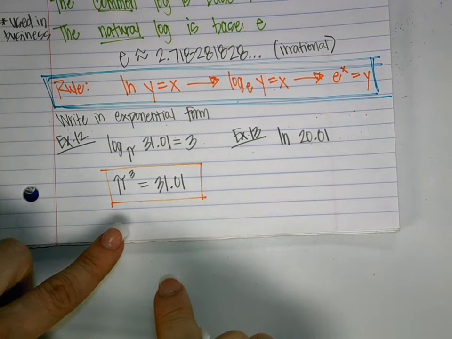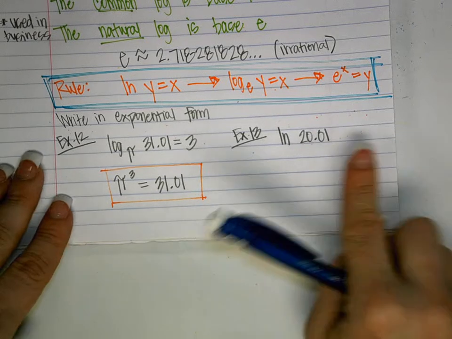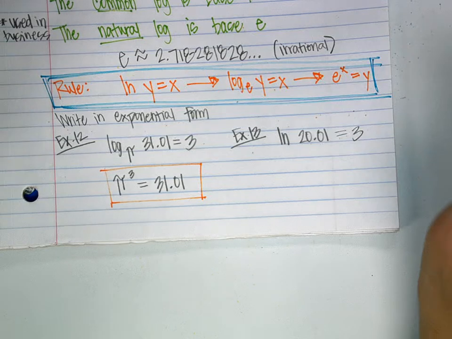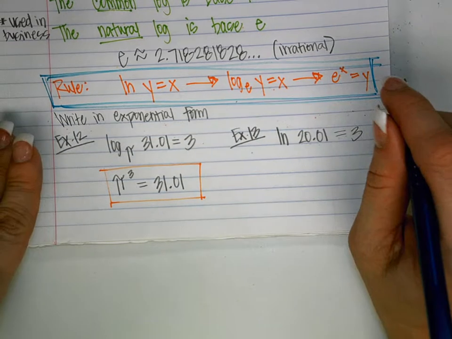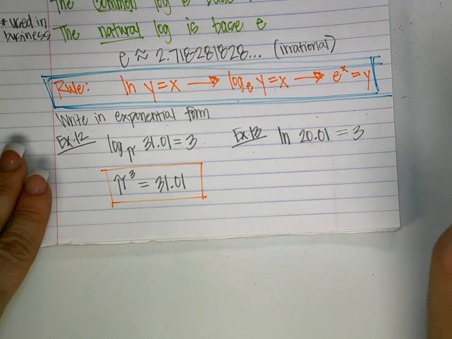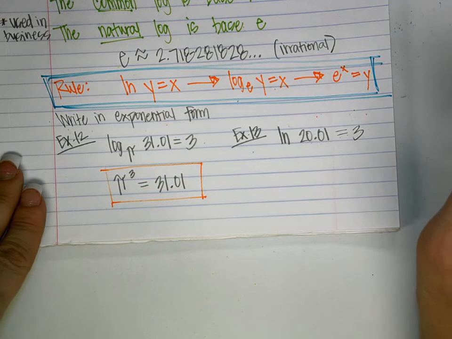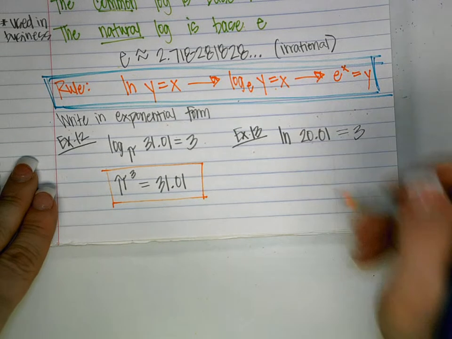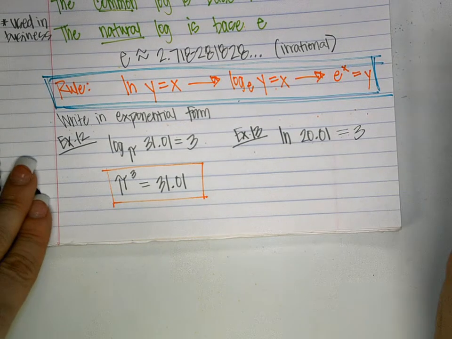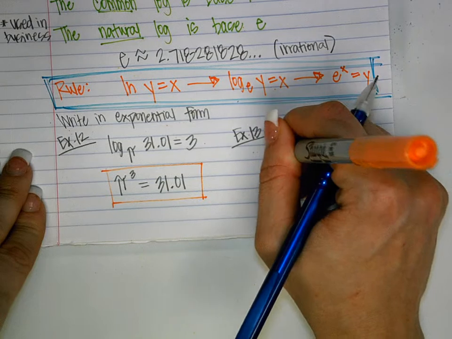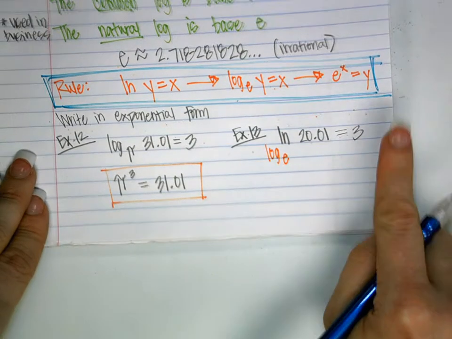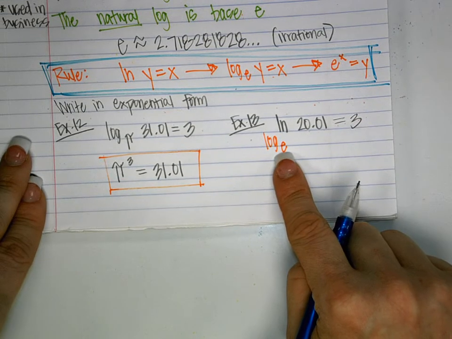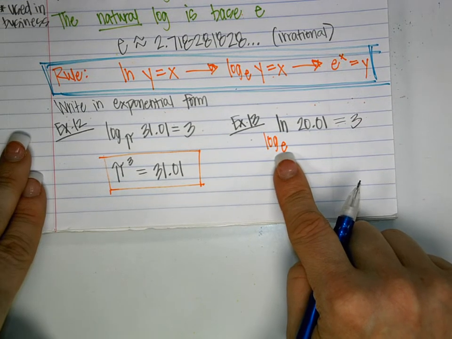Natural log 20.01 equals 3. Write that in exponential form. Immediately, as soon as you see ln, we are going to replace it with log base e. Natural log is always written as lowercase l, lowercase n.